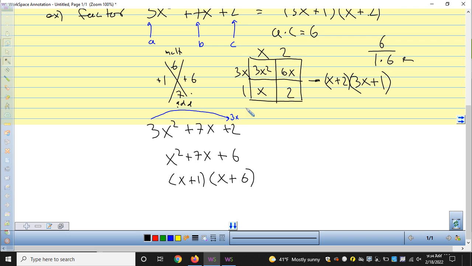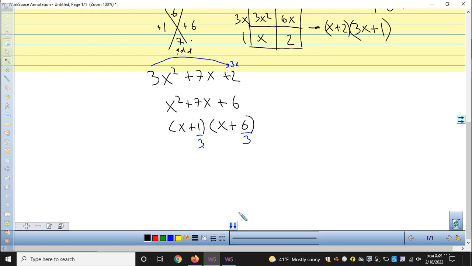Well, here we multiplied by 3, so we're going to undo that by now dividing by 3. And then when we get here, we need to reduce the fractions if we can. Well, 3 divided by 6 is 2.